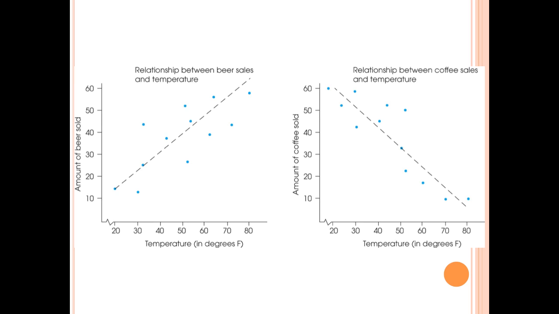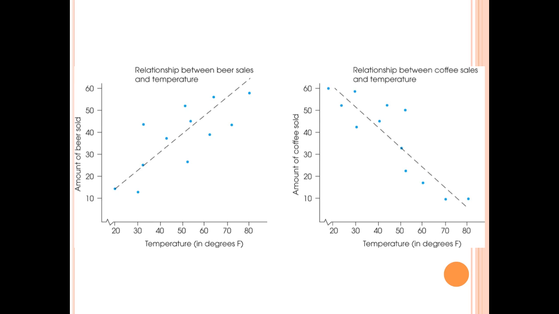The plot on the right, relationship between coffee sales and temperature, would that be a direct relationship or an inverse relationship? So the amount of beer sold and temperature would be a direct relationship.